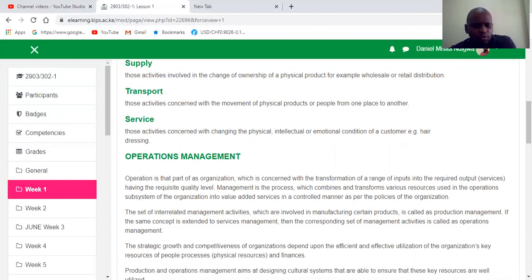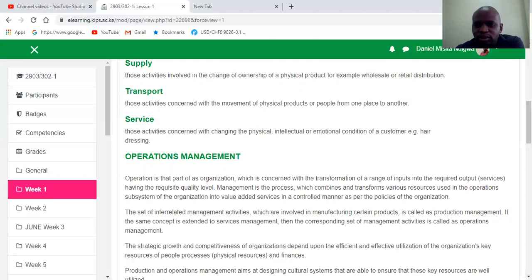So let's start now by defining what is operations management. As you all know, we've talked about operations and we've talked about management. But operation is that part of the organization which is concerned with transformation of a range of inputs into the required outputs by maintaining the level of quality that is required in that organization.